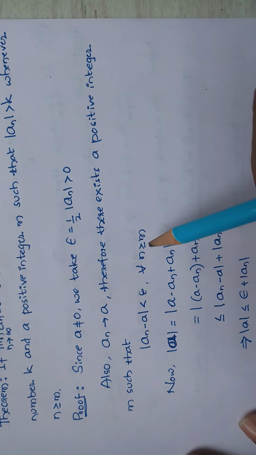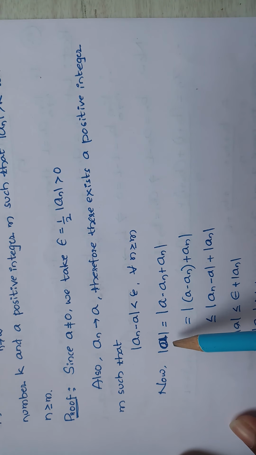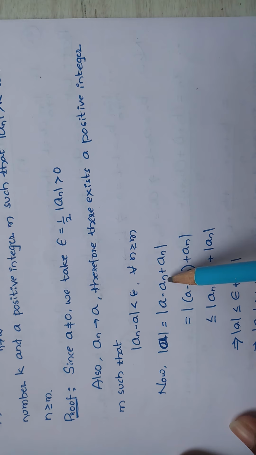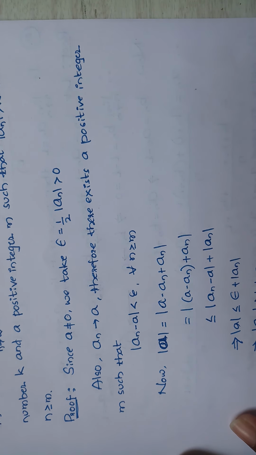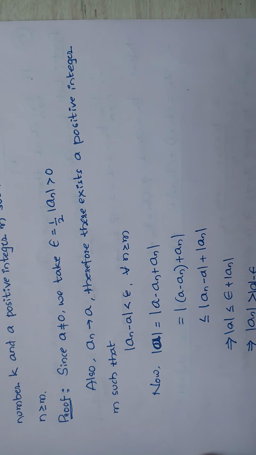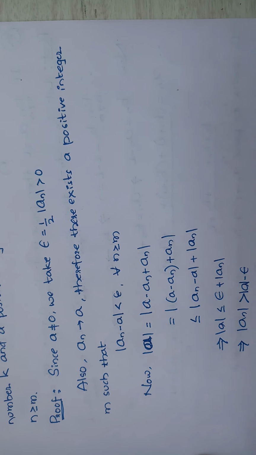So now, here we are taking modulus of a is equal to, adding and subtracting a_n, so it will become modulus of a minus a_n plus a_n. Arranging the terms, that is a minus a_n plus a_n.